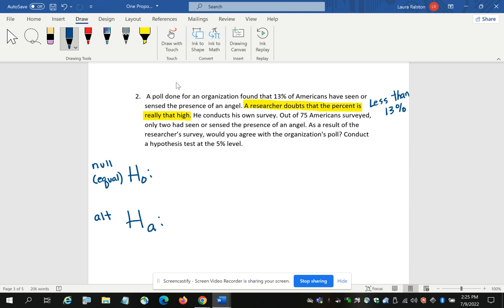The researcher thinks it's less than 13%, so the percentage is less than 13%. Again, write your 13% as a decimal. The opposite would be the percentage is greater than or equal to 13%. Remember, your null and your alternative are exact opposites, and the null will always and forever contain equal.